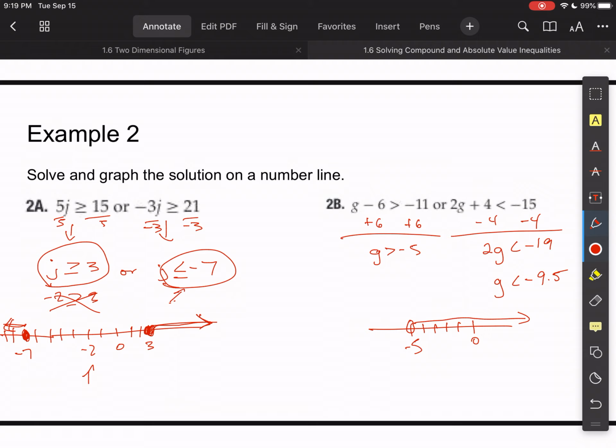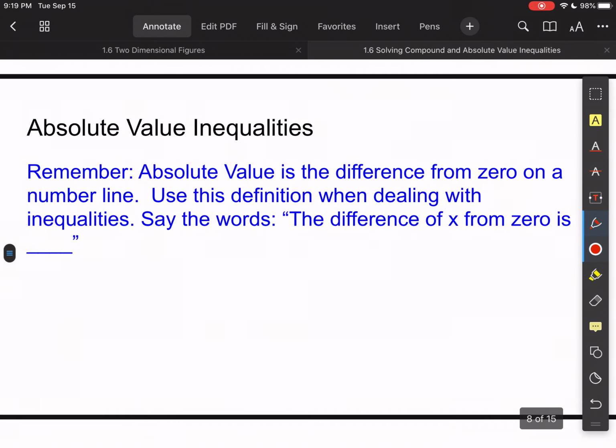And then g values are also less than -9.5. So 6, 7, 8, 9, 10, somewhere in the 9.5 range. I'll put it right here. Okay, somewhere in between. So this is -10. I like to just label these a little bit so I can see what's going on, and we'll go that way. Okay, so that's example 2.